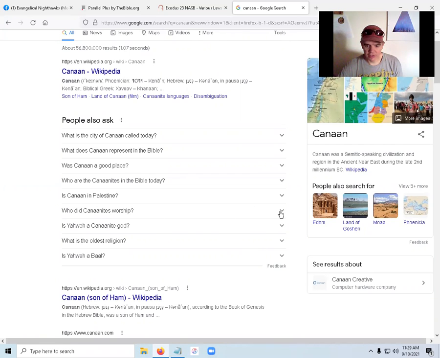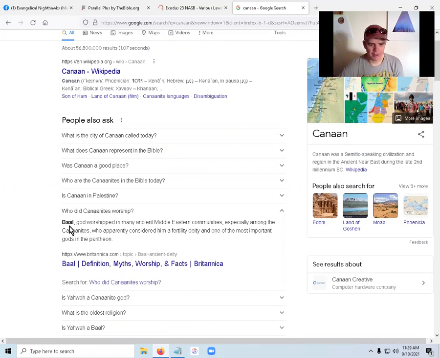Who did the Canaanites worship? The last thing we'll look at about Canaanites is Britannica.com. Pretty trustworthy, I bet. They've got scholars and such. Now they're secular. There might be Bible scholars who write Bible entries for Britannica or for dictionaries, but any encyclopedia or dictionary is going to be secular.